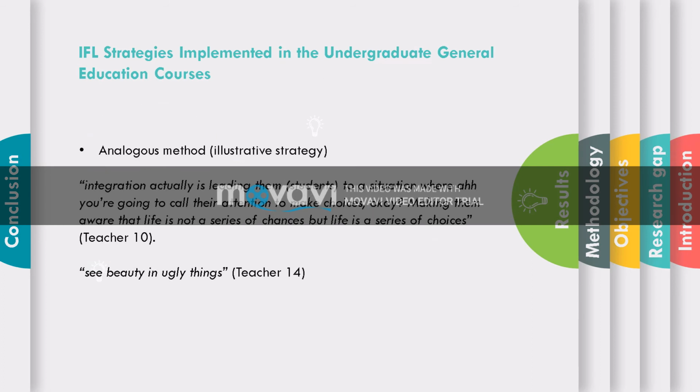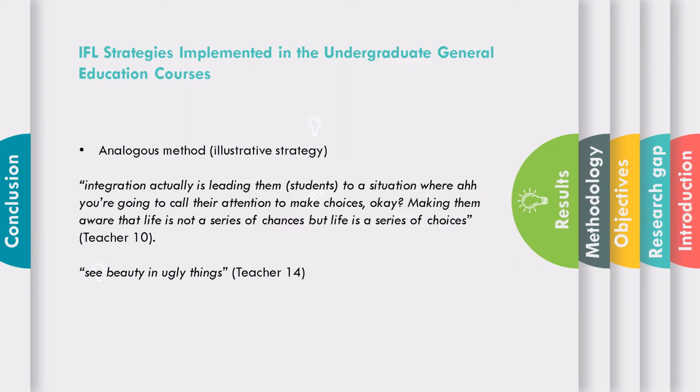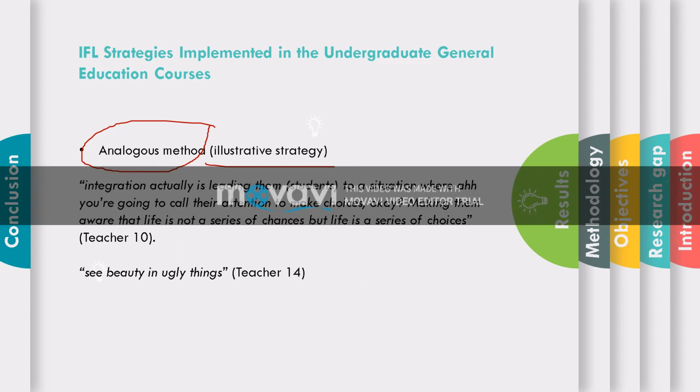Next one is illustrative strategy. Under illustrative strategy, analogous method is the most used method. Teacher 14 mentioned that people should see beauty in the ugly things.